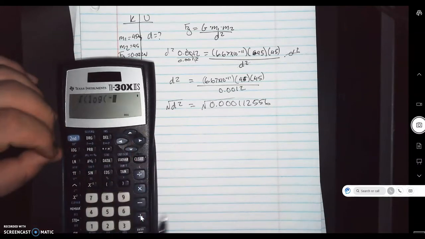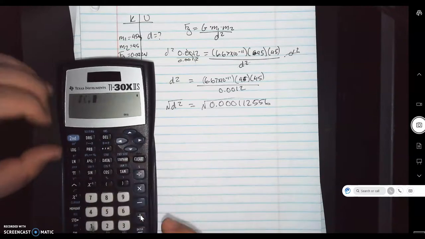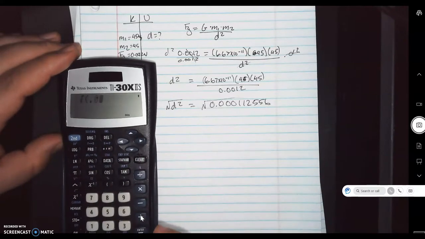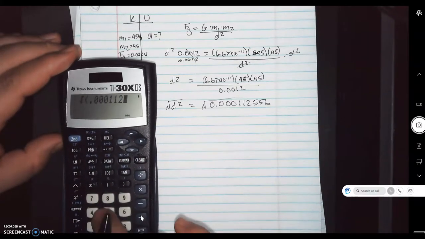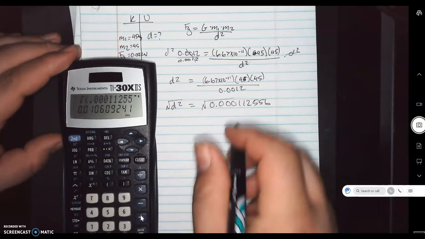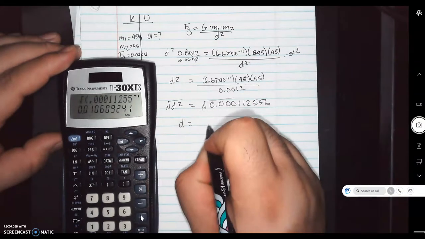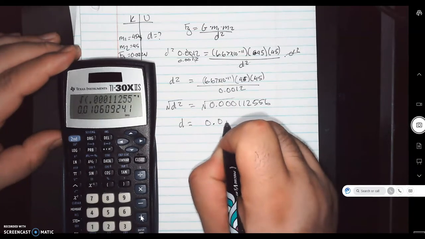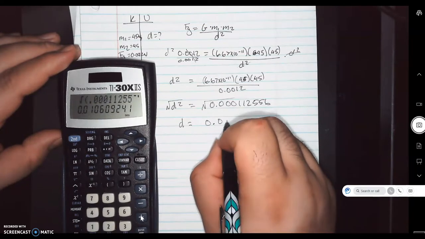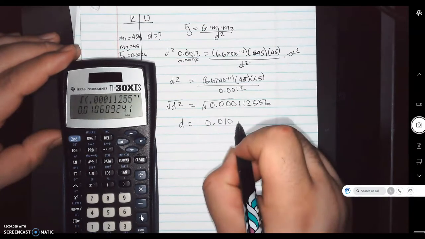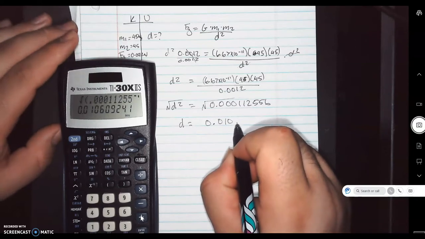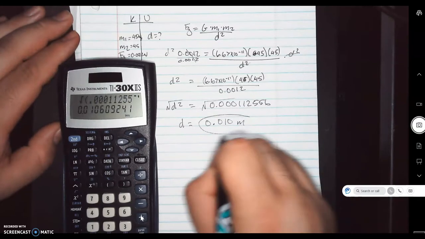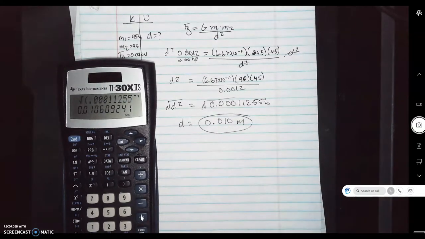So the square root of 0.00011255625, you'll get distance is about 1 centimeter. So sorry, not 1 centimeter, 10 centimeters. 0.010 meters is how far apart these two objects are.